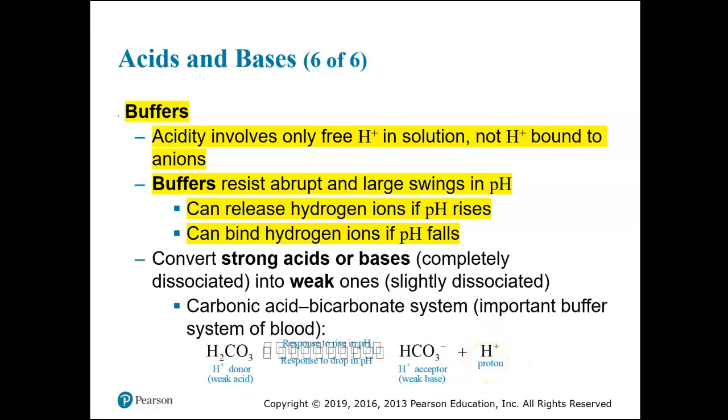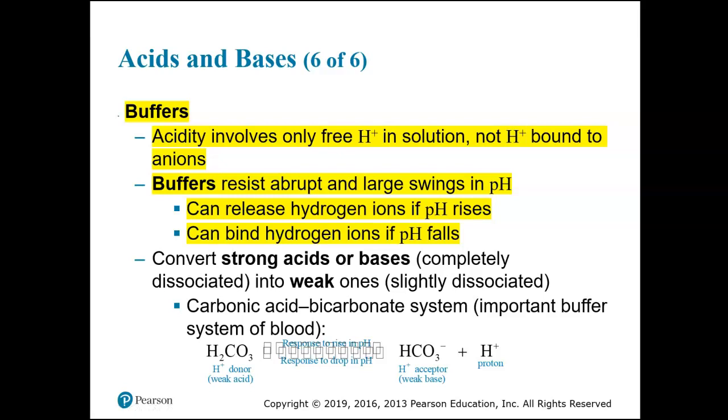Now, if the pH drops, then the reaction will go in the reverse direction. Hydrogen ions will combine with bicarbonate ions, the arrow will point toward the left, and carbonic acid will form. This will remove hydrogen ions from the solution, and it will raise the pH.